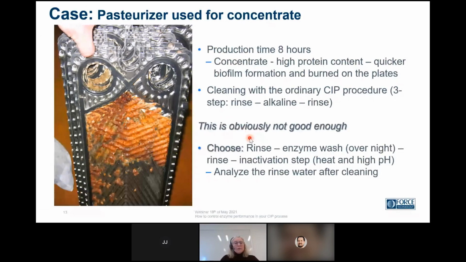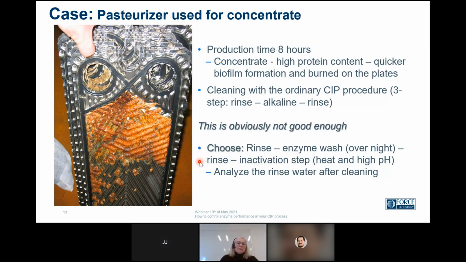The company chose an enzyme wash: first a rinse, then the enzyme wash, an overnight wash, then a rinse again, and an inactivation step. Because this pasteurizer is made of stainless steel, they can use high temperature and high pH.